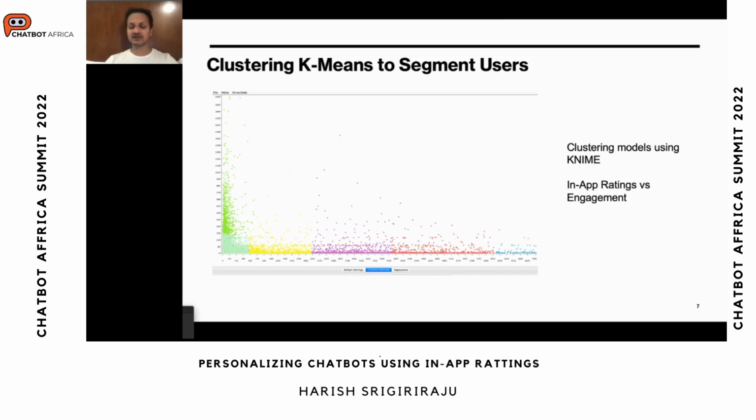What are the fundamental parameters affecting their experience? As I said, is it plan type? How many times they're using the chatbot? How many times they're using the application itself? There could be a host of different parameters, but ultimately the idea is to segment the users, or create certain segments using machine learning based on their chatbot rating or satisfaction score.